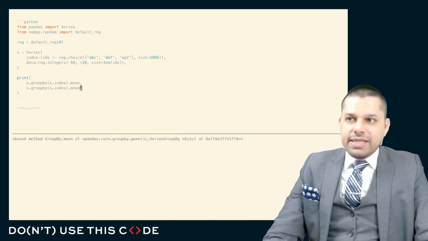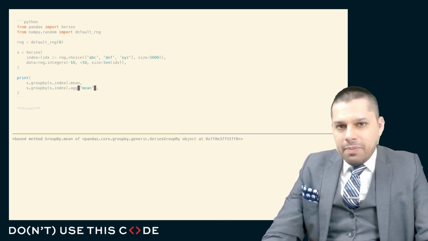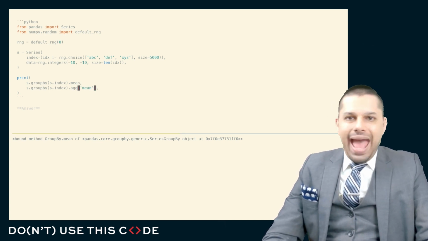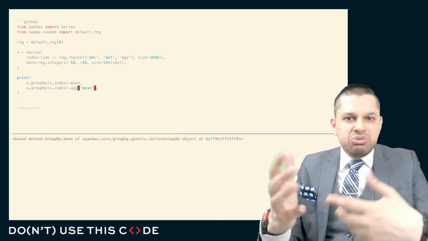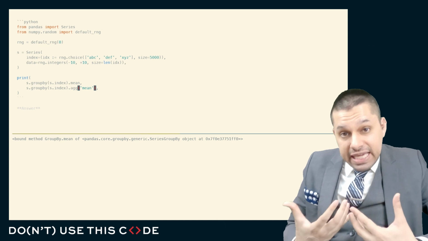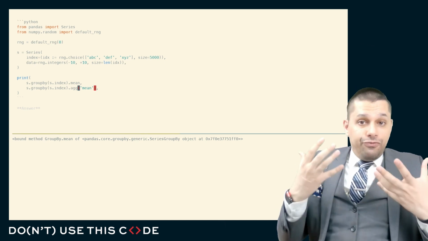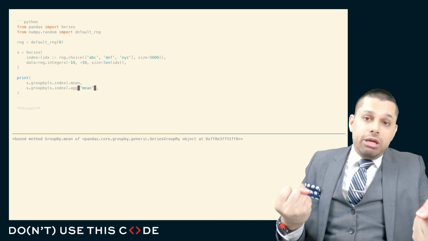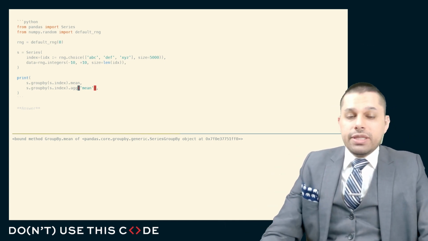In fact, it's the case that something like a group by mean or a group by agg passing the string mean or a group by agg passing np.mean or whatnot, they're all more or less the same because whatever the case may be, pandas can see that you are asking for this grouping and this aggregation, and it has all the information it needs in order to figure out the most effective way to compute this.